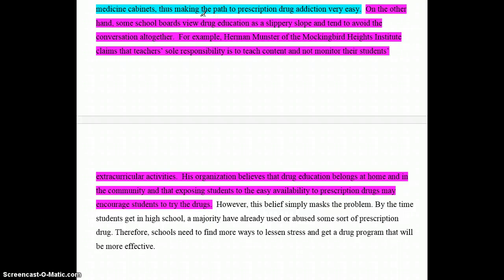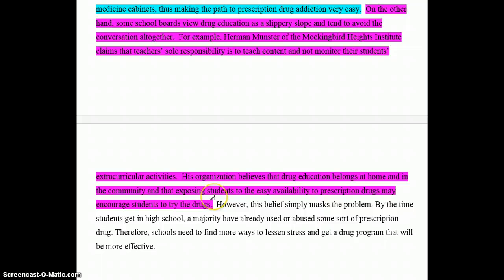Remember, this person, Herman Munster, believes that schools add to teen stress and that leads to prescription drug abuse. We know that from the topic sentence. Now read the evidence. Perfect. Excellent paraphrase of ideas here.